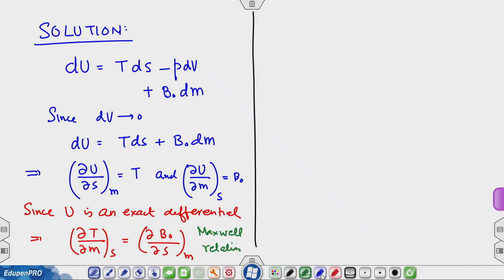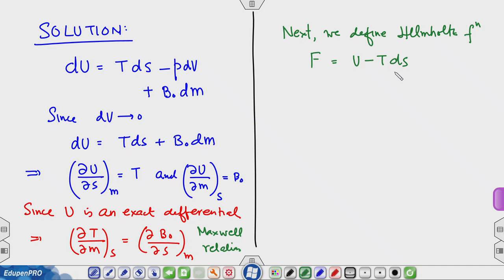Now, next, we define Helmholtz function f, which is u minus Ts.